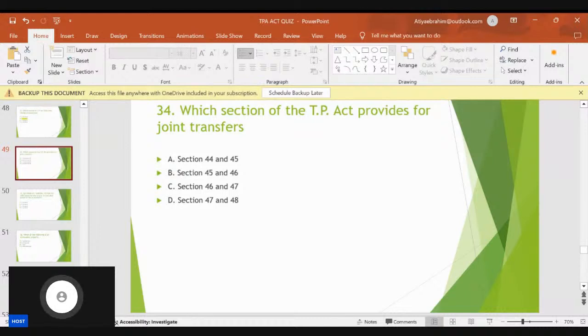Come on, tell me the answer to question number 34. 45 is sure, but will it be 44 or will it be 46?